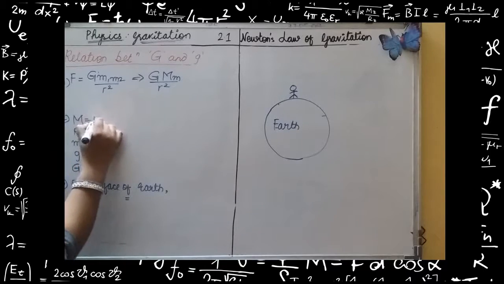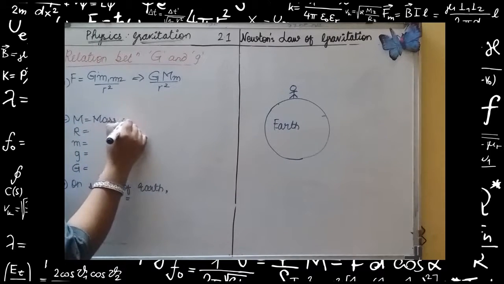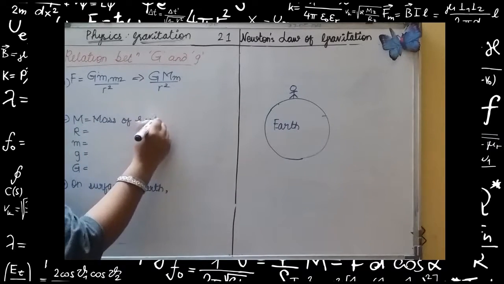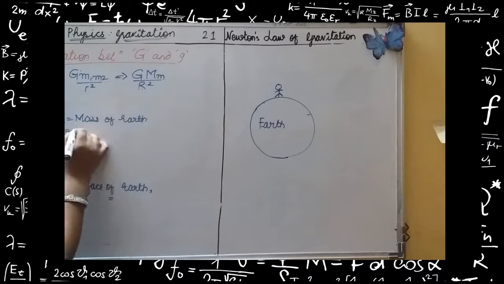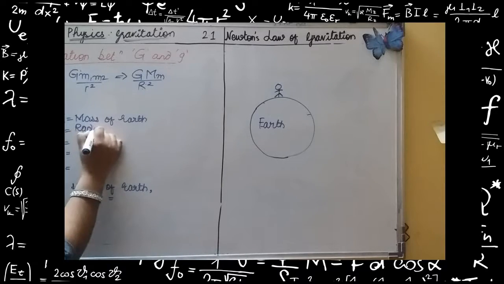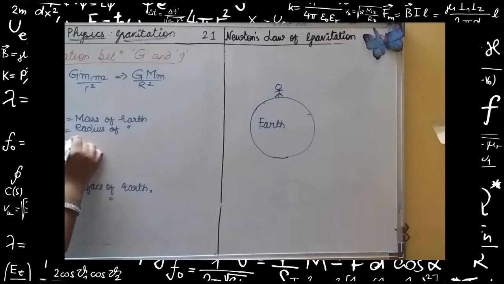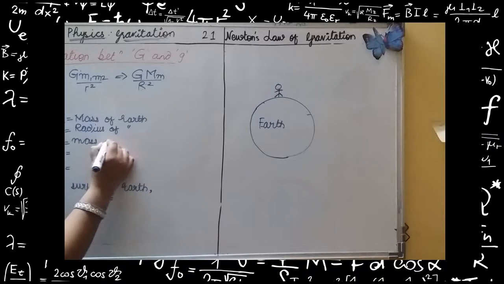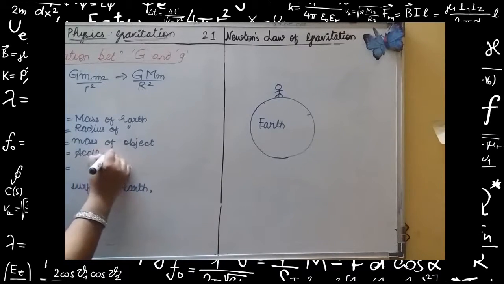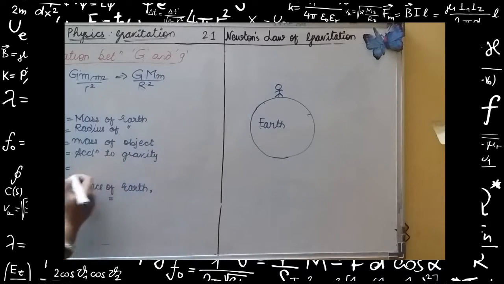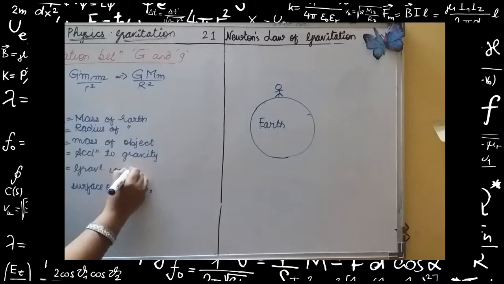Capital M for mass of earth, capital R for radius of earth, small m mass of the object or the body, g is acceleration due to gravity, capital G is the gravitational constant.